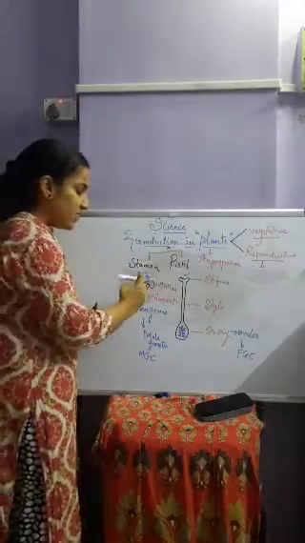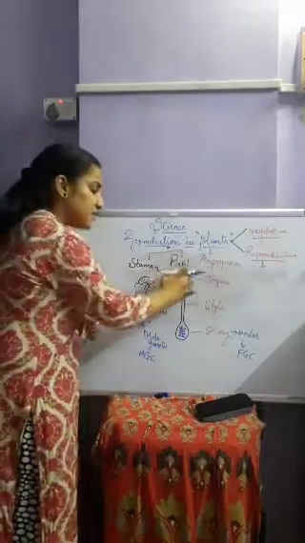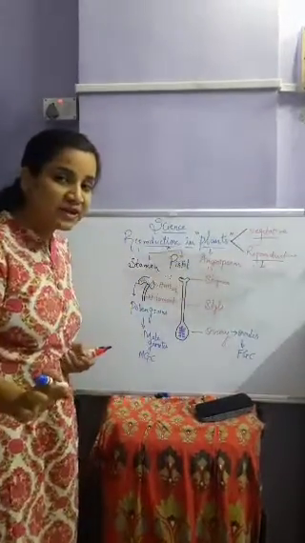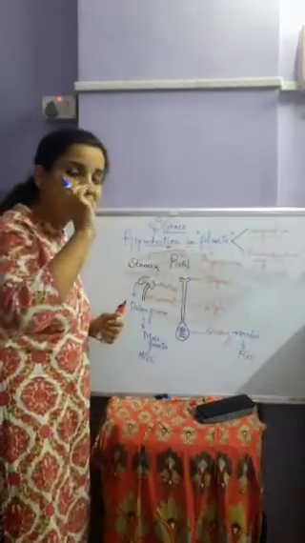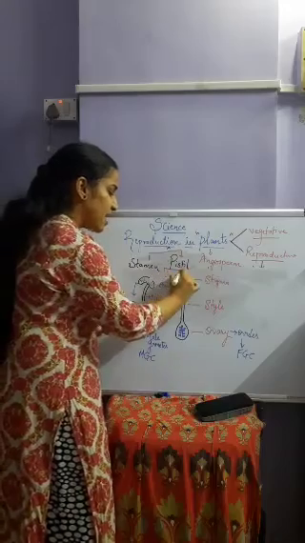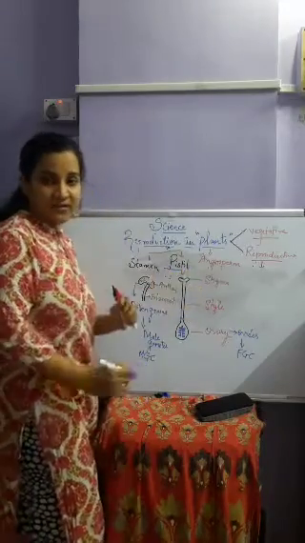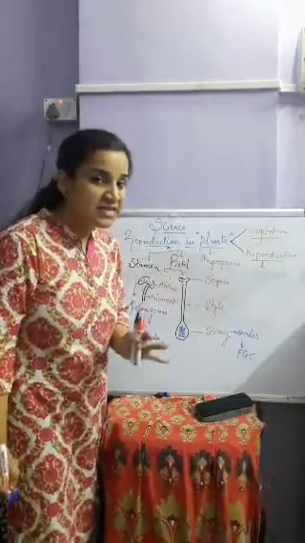This pollen grain will then get dispersed in the air, and this dispersed pollen grain will reach till the first part of the pistil. That is, this pollen grain will travel and reach here with the help of wind, water, insect.